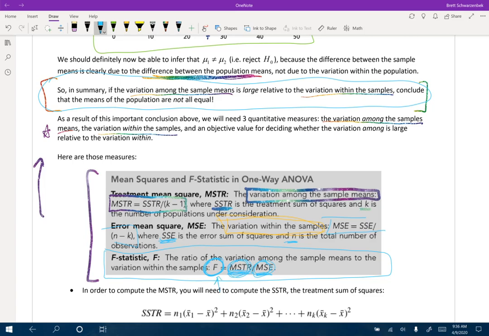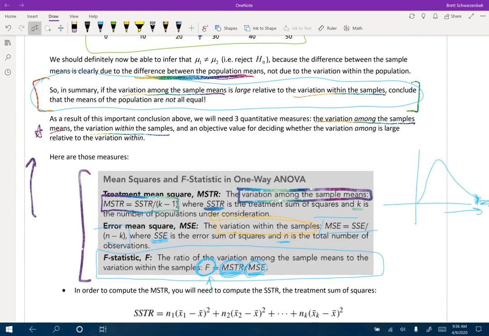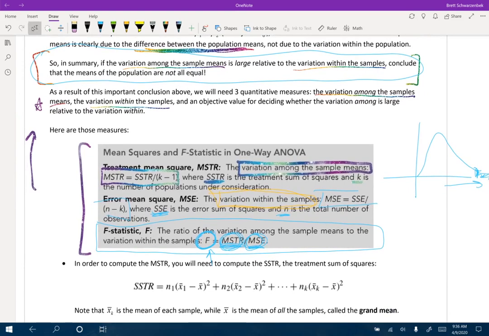If F is large, that means it's going to be all the way out here, which means the area to the right of it is going to be very little, which means if we compare it to alpha, we're going to end up rejecting H naught, and the populations will not be equal.